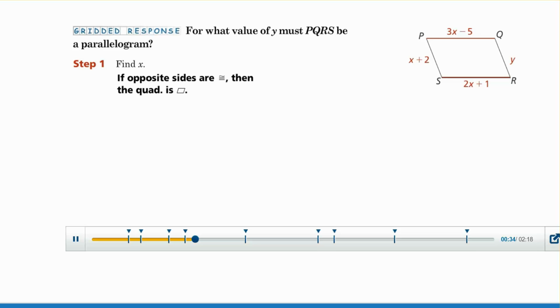If both pairs of opposite sides of a quadrilateral are congruent, then the quadrilateral is a parallelogram. So, for PQRS to be a parallelogram, the length of segment PQ must equal the length of segment SR. Subtract 2 times x from each side.